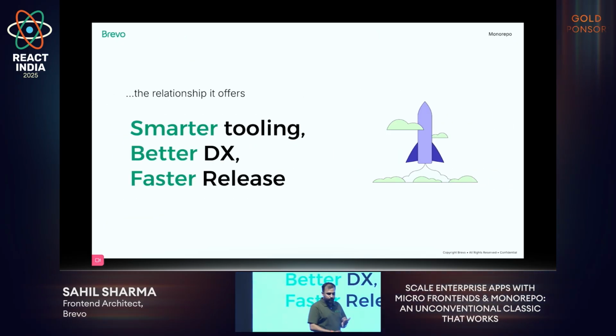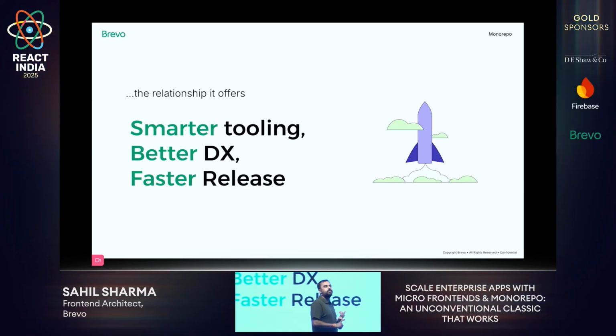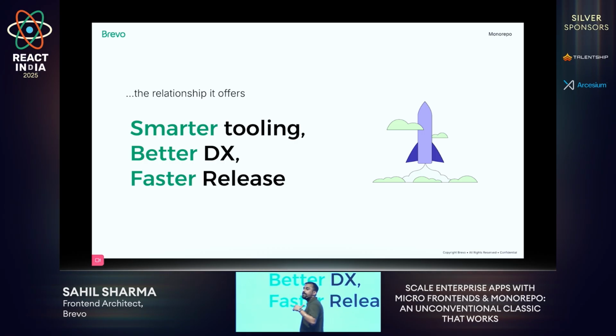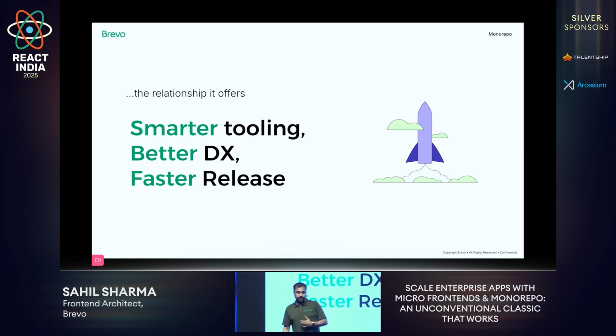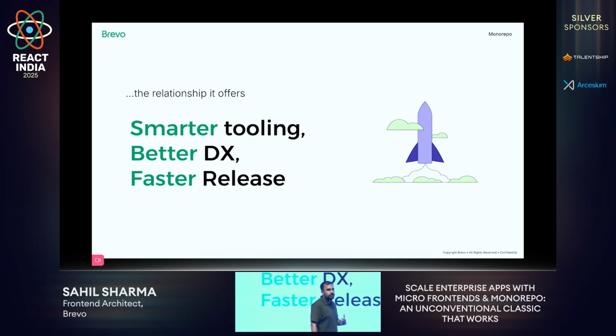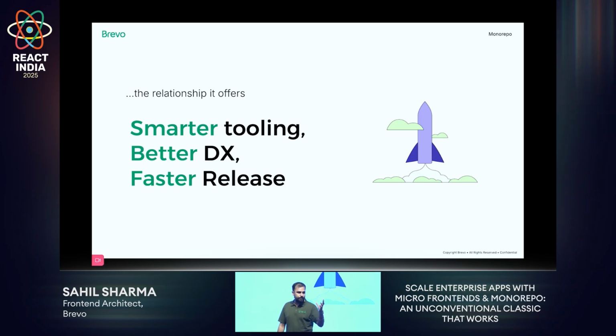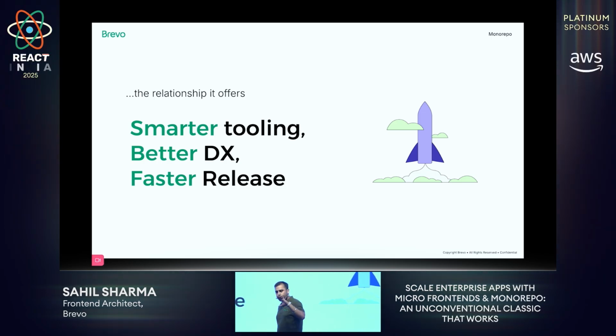So what does a monorepo enable for us? We were facing a challenge with tooling, so it solves that. You have smarter tooling in place. It brings a better developer experience. How? Because at the end of the day, the developer has the full view of what he is working on. Even if he is onboarded to a single repo, he has the full view of the product.